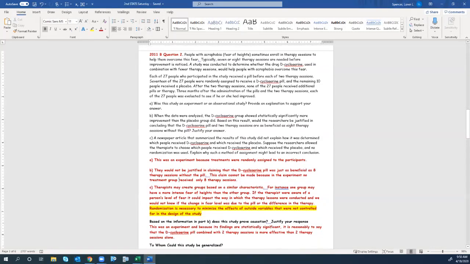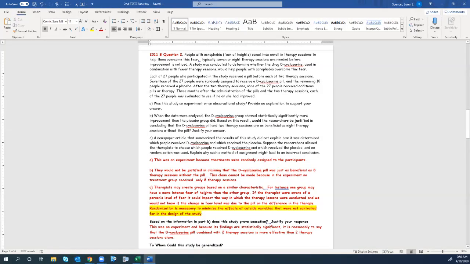I don't know anything about what they're asking this year, but I just have a general hunch that you might need to know to whom a study or experiment could be generalized. In other words, to what population does this apply? Well, remember, we're always generalizing not to our sample, because that's obviously what the sample measured.